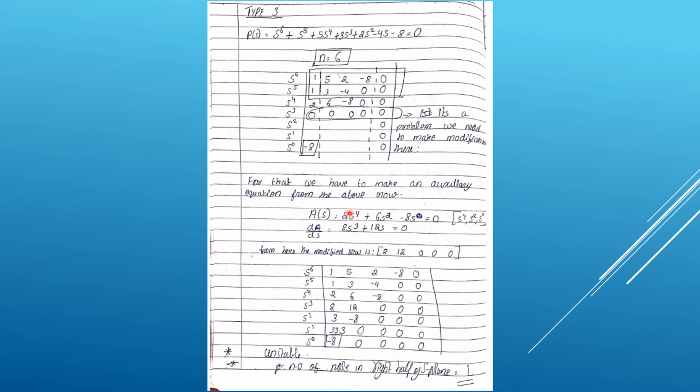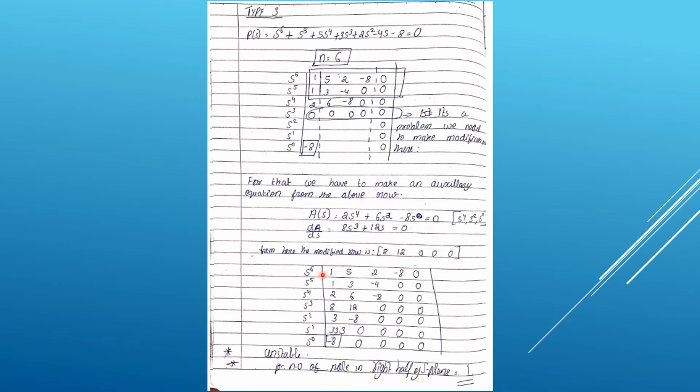Then we will get our auxiliary equation A of s is equal to 2 s raised to 4 plus 6 s square minus 8 s raised to 0 is equal to 0. Differentiating this auxiliary equation with respect to s, we will get 8 s cube plus 12 s is equal to 0. And now we have got the modified row by these coefficients of s cube and s, 8 and 12, and the other element is 0.